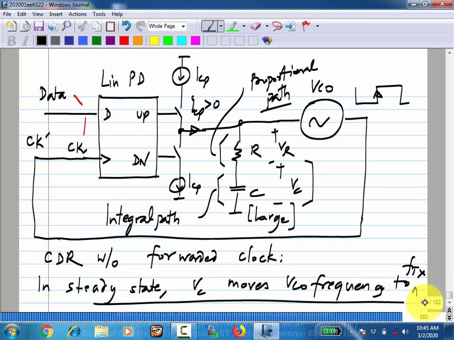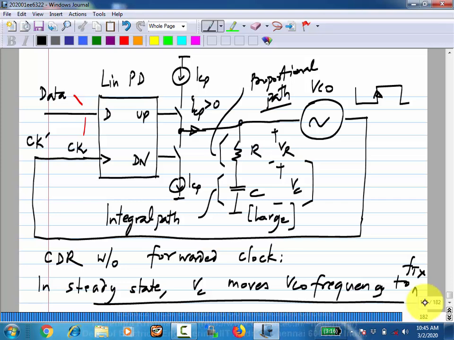You can't start from, let's say, a factor of 2 off. This is not going to bring it back to the right place. So there will be other auxiliary mechanisms which will bring the VCO pretty close to the data frequency. But then this will recover the phase, and also take care of all the dynamic variations.